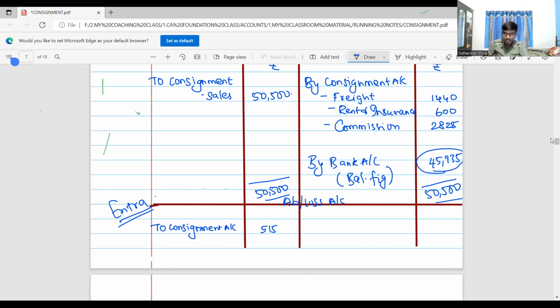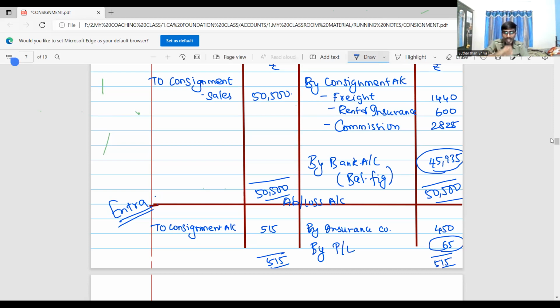Okay, by insurance company, they will give 450 rupees. Now, what is my actual net abnormal loss? It is 65. It should be transferred by P&L account because it is a nominal item.